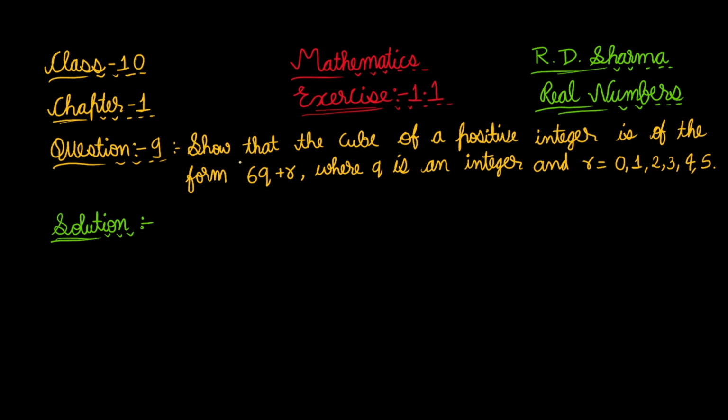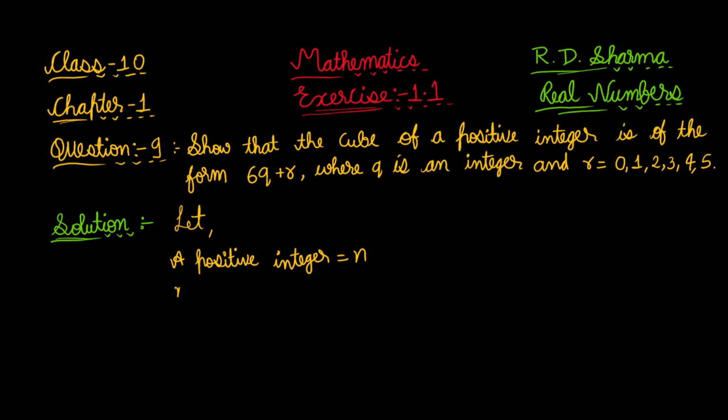So the question is to prove that the cube of a positive integer is of the form 6q plus r, where q is an integer and r is equal to 0, 1, 2, 3, 4, 5. So we will let a positive integer be equal to n.